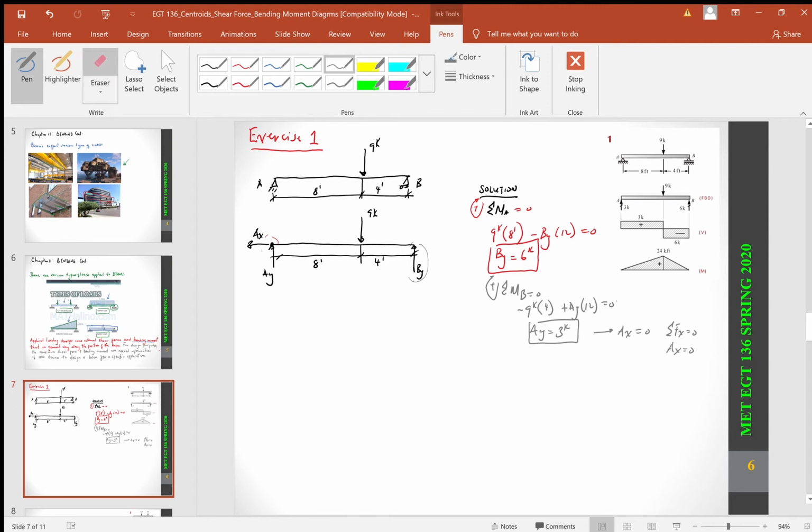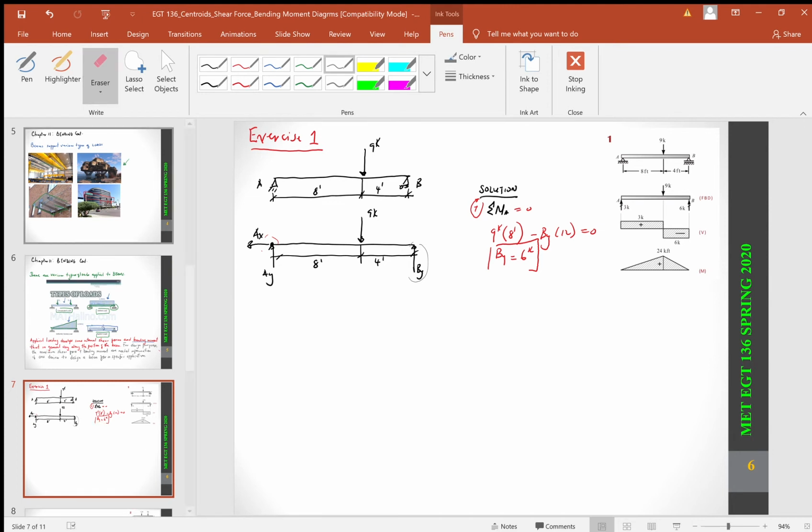Okay, so I'm just going to erase this part right here, so we can have our space, something bigger. So for step number 1, we've drawn our free body diagram.